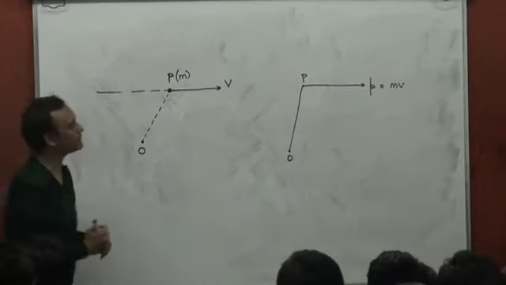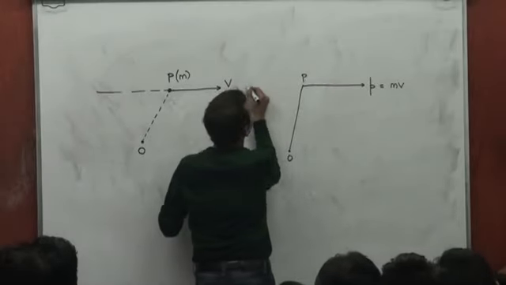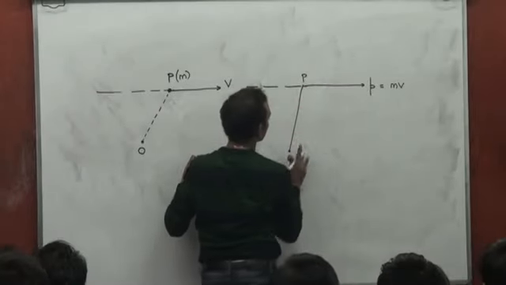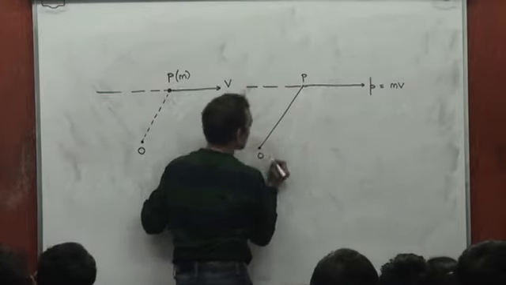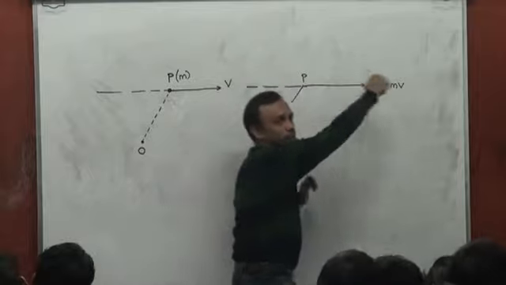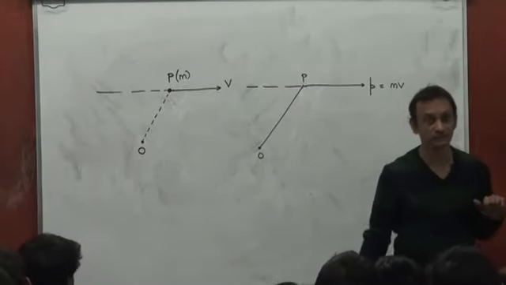M into v, right? Now, this is the line of action of the linear momentum of this particle.